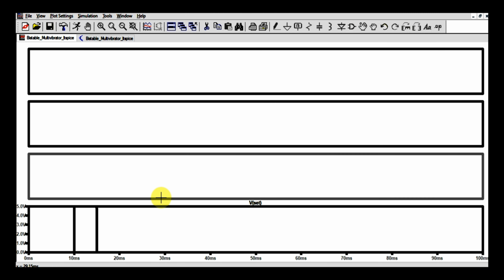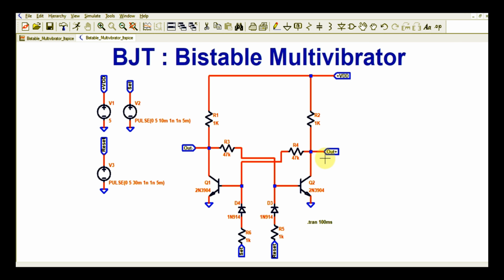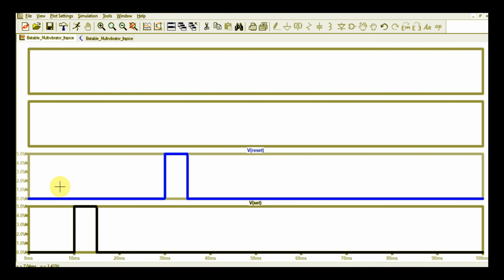So this is set. Now let me show you the reset pulse, right? So this is the reset pulse. Until 30 millisecond it is 0, then it has a pulse of 5 volt for a period of 5 millisecond and it goes to 0.